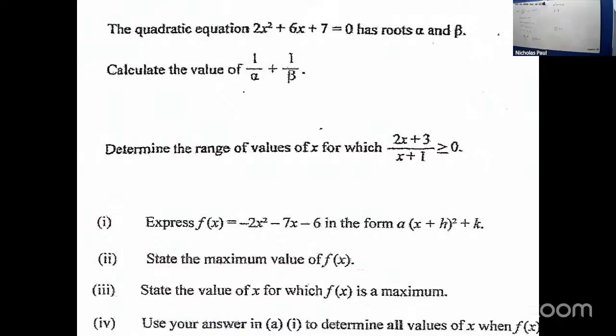Before you do this, you have to do this, which is finding things.